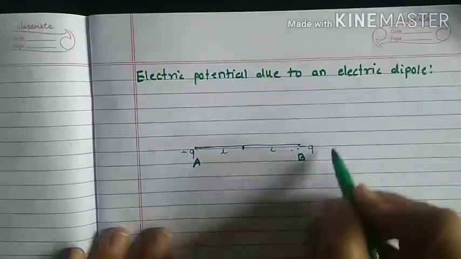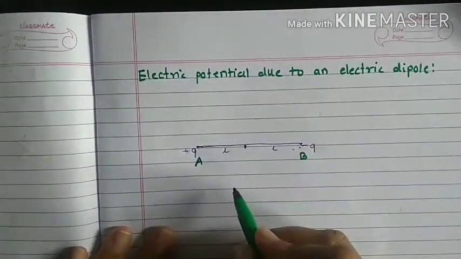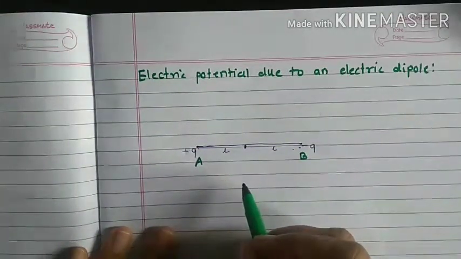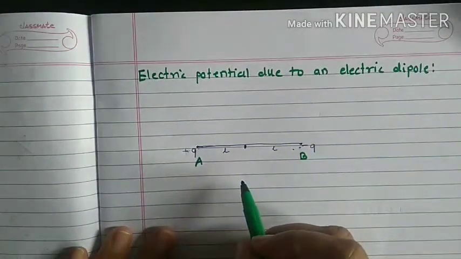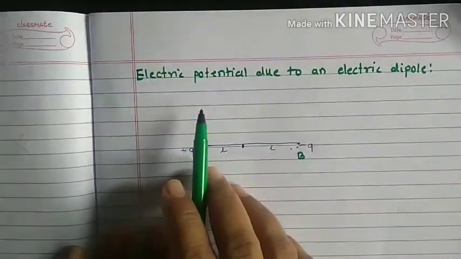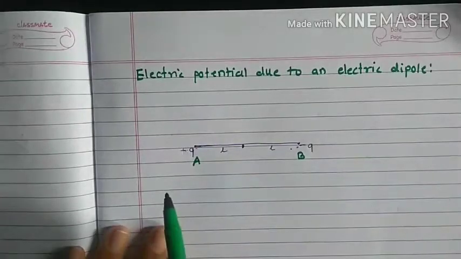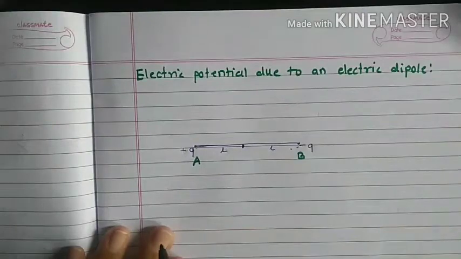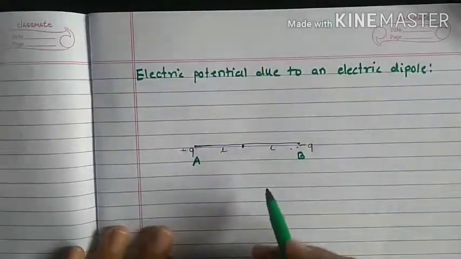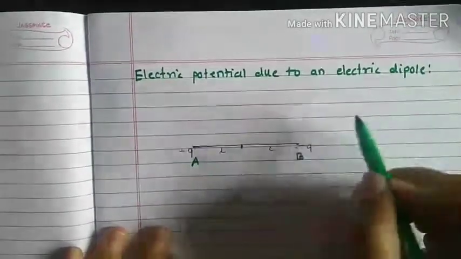Here is the production of an electric field, and we know all the terminologies related to that electric field. But today we have to determine electric potential. From the previous topic we know that electric potential at any point is equal to 1 upon 4 pi epsilon naught times Q upon distance. Therefore, today we have to determine the electric potential due to this electric dipole.